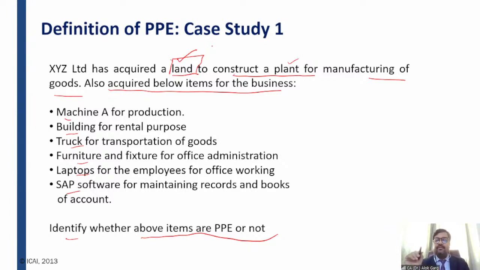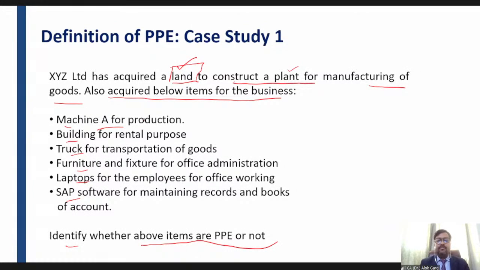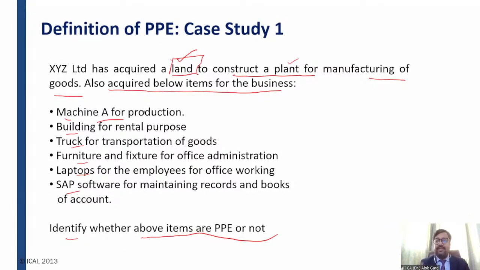So land is a property, plant and equipment. Machine A for production, whether machine is a property, plant and equipment? Yes, machine A is a tangible asset held for production of goods. And of course, if life is 1 year or more than 1 year, then it is a property, plant and equipment.